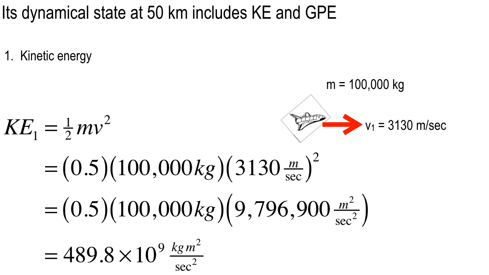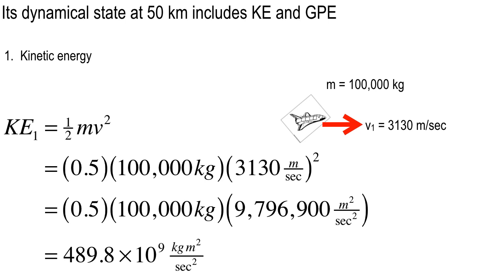Who's got 4.898 and then a little 11? Okay. So now I want to turn that into something times 10 to the 9. So I move the decimal point 2 digits to the right. So 489.8 and then 10 to the 9. Now 10 to the 9 is a billion.